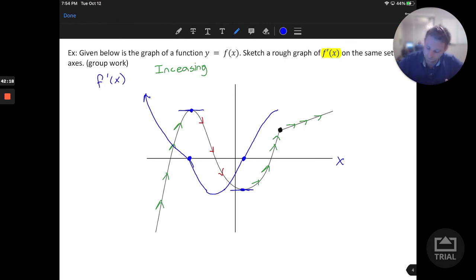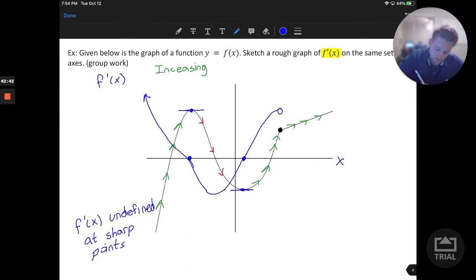In other words, f prime of x is undefined at sharp points. And since we're undefined at this sharp point, we're just going to do a little open circle there. We're not defined at any sharp point for that derivative function.